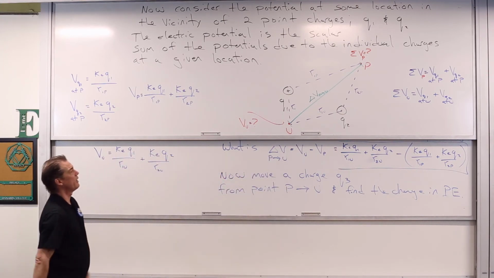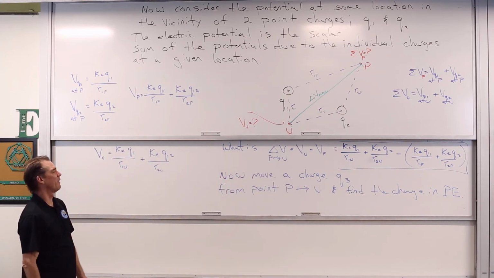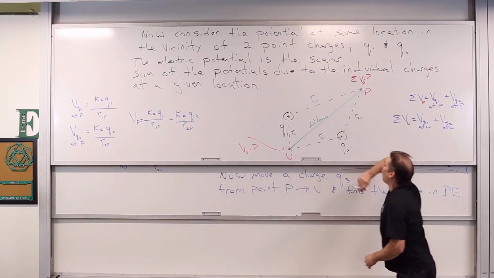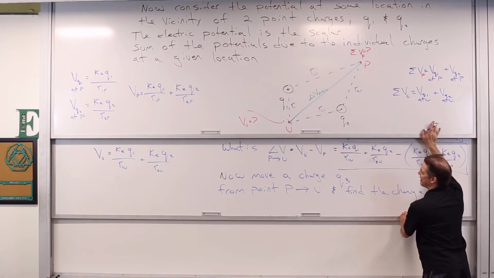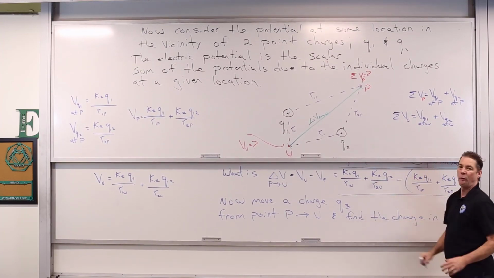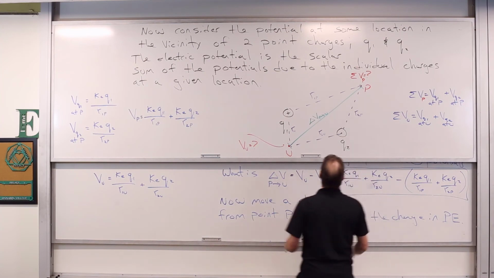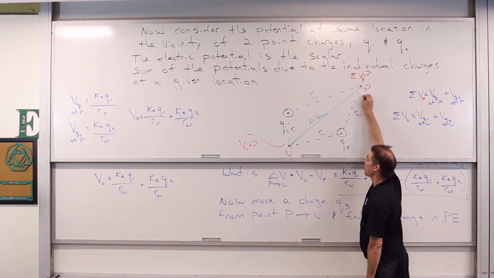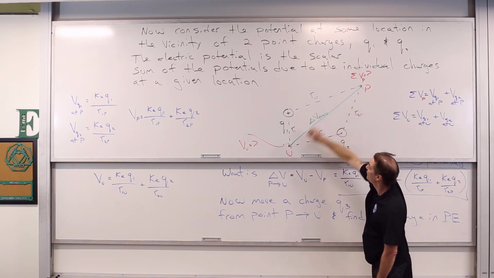So we don't want to assume there's already a charge, but we take a charge and we put it at point P. Well, there's some little things to just think about what happens if we do that. So first of all, we're going to assume that we can just take a charge and stick it at point P. And then we're concerned with what's the change of potential energy of the system in moving that charge from point P to point U.